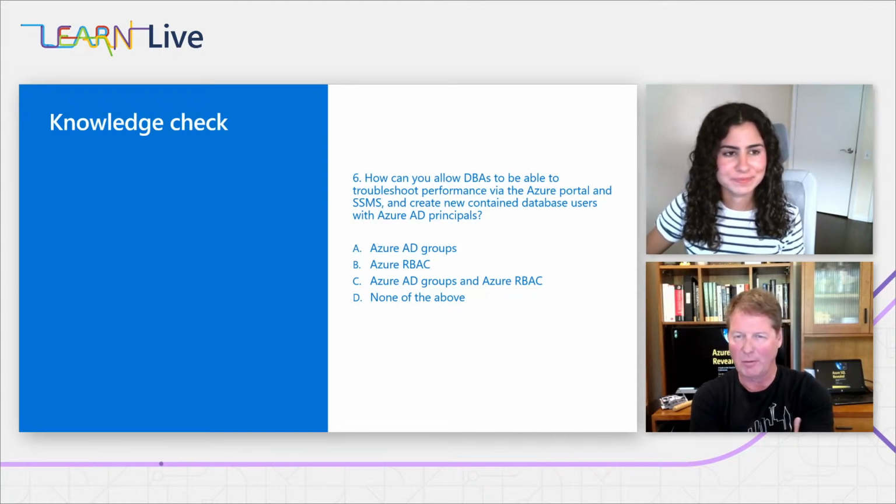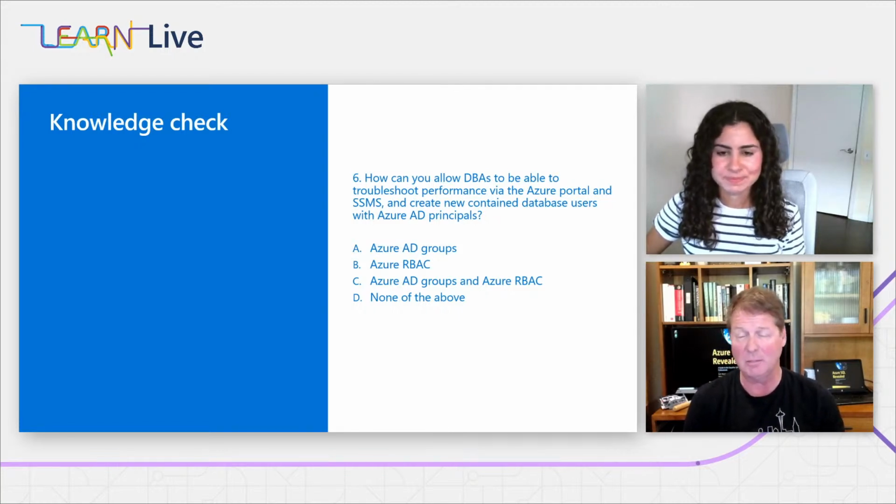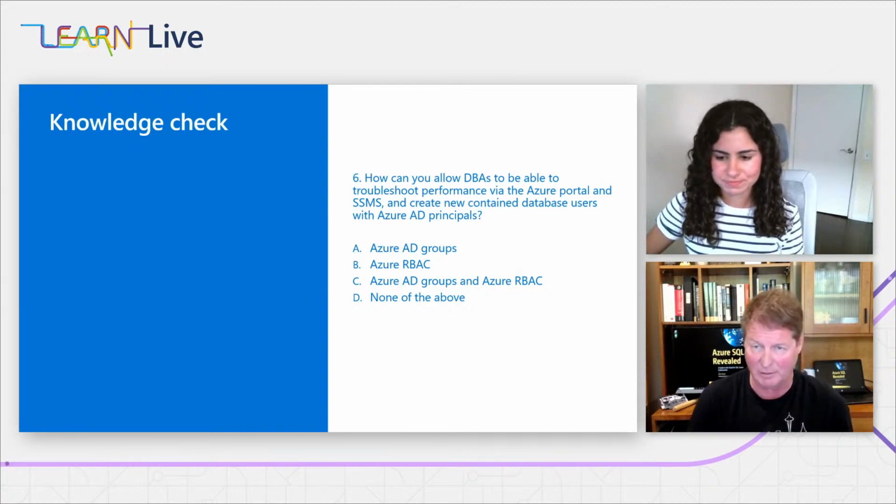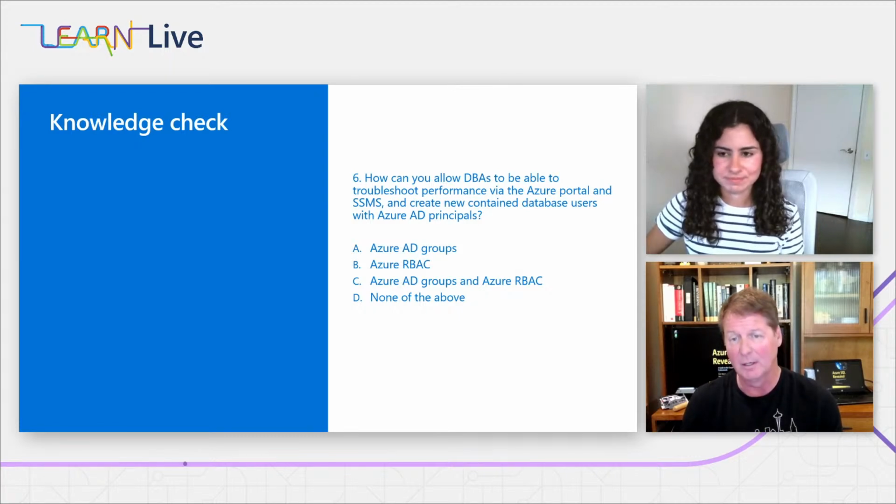Sure. So if I read this right, you need access to the portal to do something and to SSMS, and you need to be able to go in and create actual users, right? You need all of those capabilities. Azure AD groups are interesting because I can use them to give me some other thing. RBAC is going to give me access.